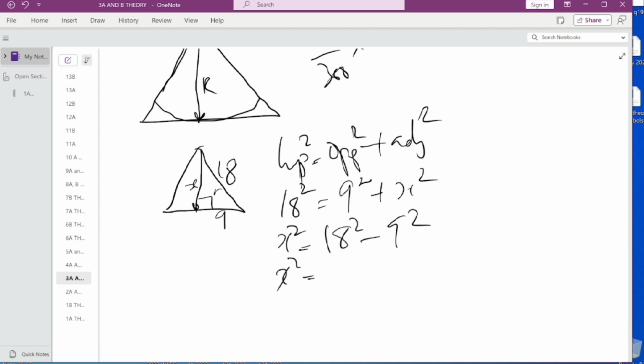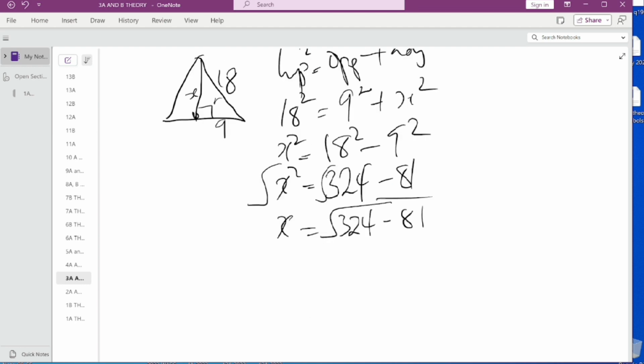X squared, 18 squared is 324, while 9 squared is 81. Since we're looking for x, we take the square root of both sides. X equals square root of 324 minus 81, so x equals square root of 243.